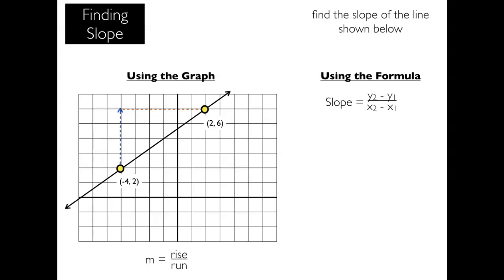So in this case, we have 6 minus 2, which is 4. That gives us our rise, and you can see that blue arrow is rising 4. And then for the run, we have 2 minus negative 4, which is actually 2 plus 4, and that gives us a positive 6, and that was represented by the red dotted line. So our rise over run is 4 over 6.